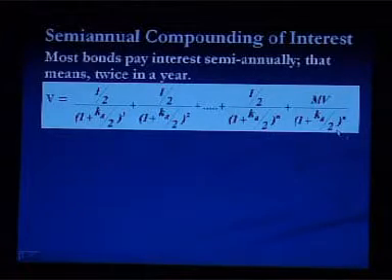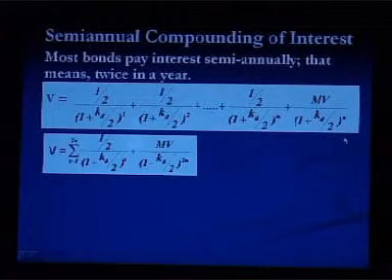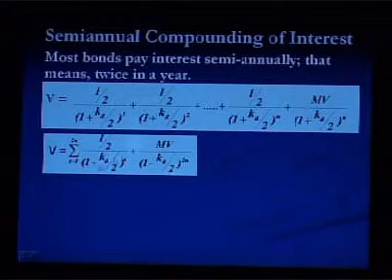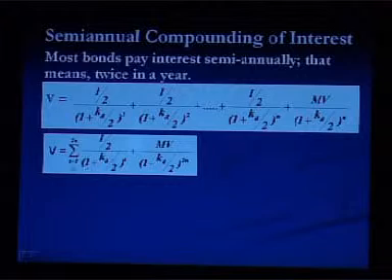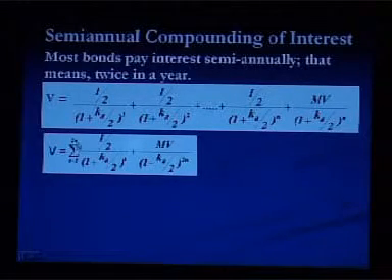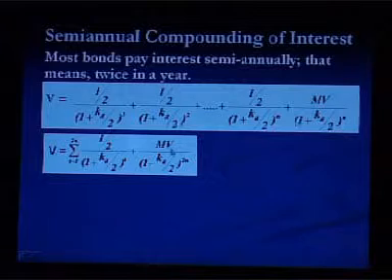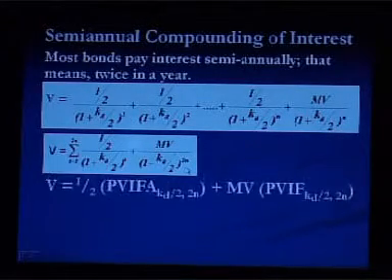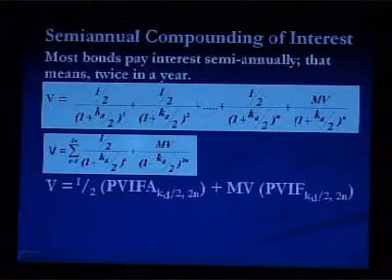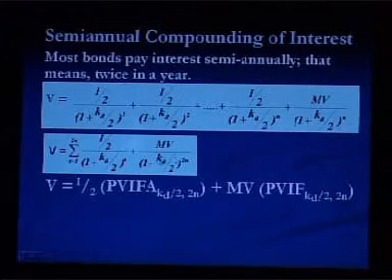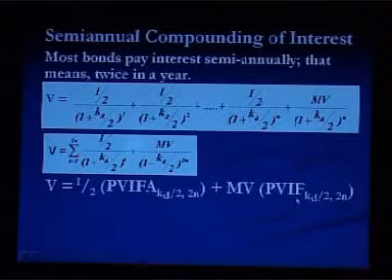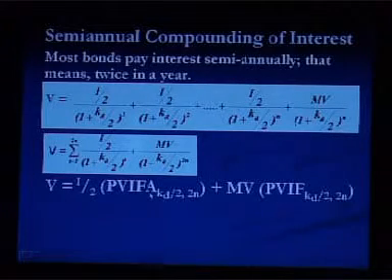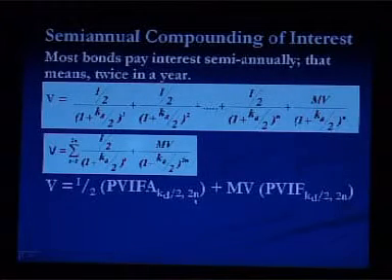You can see this particular formula can be reduced to this form, that is the sum of I by 2 divided by 1 plus KD by 2 to the power t, where t is 1 to 2n, plus the future value, that means maturity value, divided by 1 plus KD by 2 to the power 2n. And you know that this is the present value interest factor. So, you can use this for the maturity value, and for the annuity you can use the present value interest factor of annuity with KD by 2 and 2n.